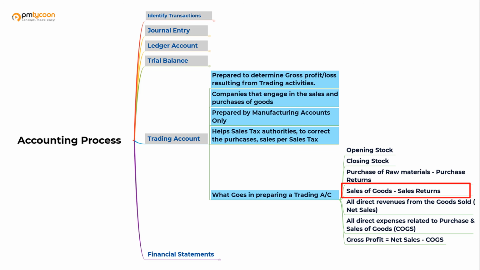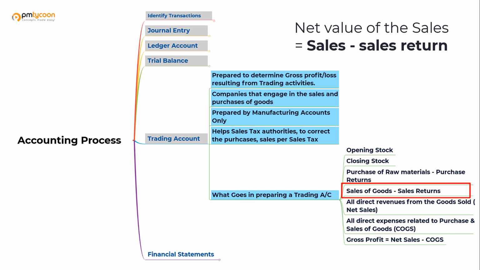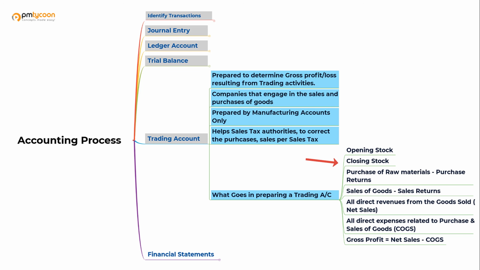So if we have to come to a net sales value, we have to take the total sales minus the returns we have made, because we have to return the money to the customer, right? We need to deduct that money. So far, we've considered the closing stock, the opening stock, the net purchase, the net sales, right?